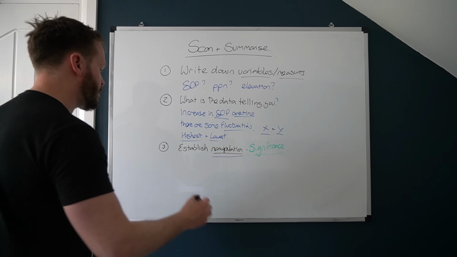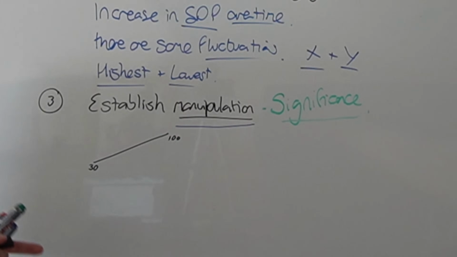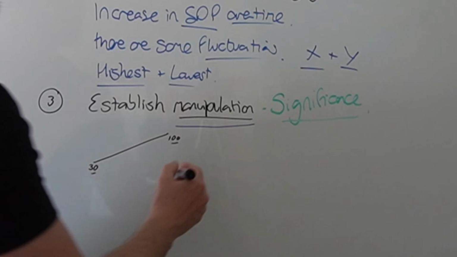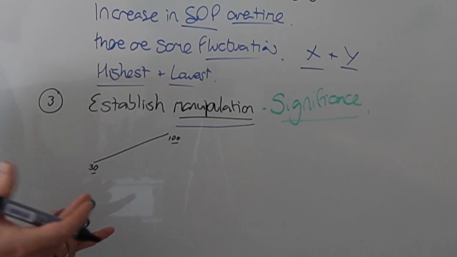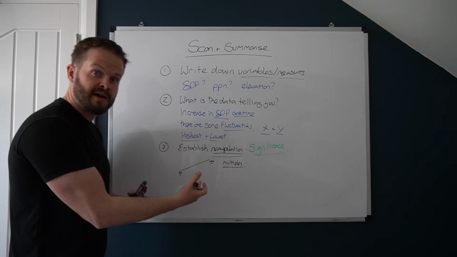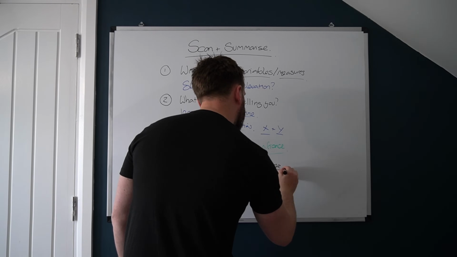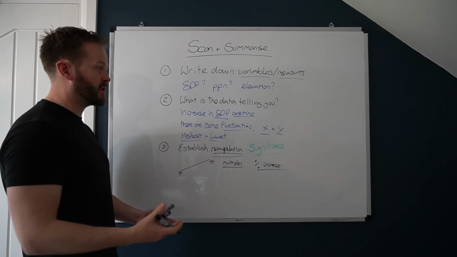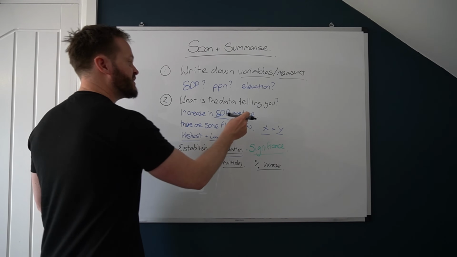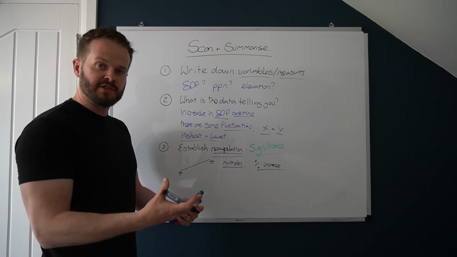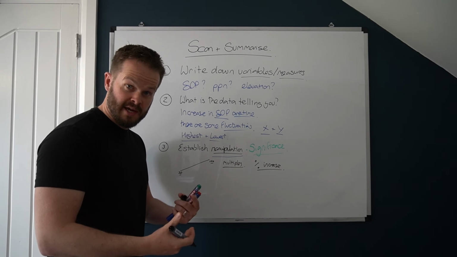So for example, something like a line graph where the figure increases from 30 to 100, that's a perfect example of where you can bring in something like multiples, so this has nearly tripled over time, or something like a percentage increase calculation that you can do with a very, very simple formula. So we've got write down the variables, establish what the data is telling us, establish where we might be able to do some sort of significance calculation, particularly useful for those 8 markers.